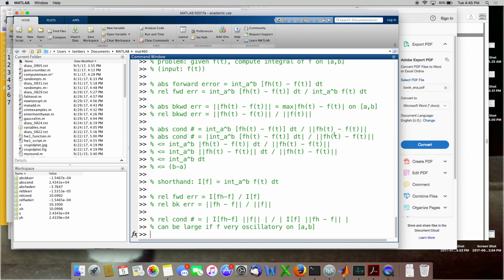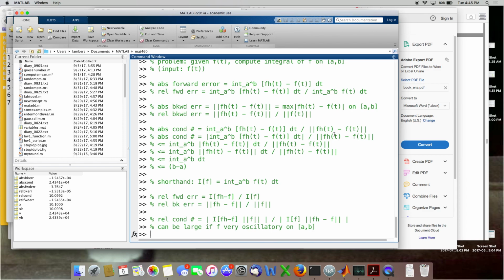Between them directly, no, but it's just a matter of, are you interested in analyzing absolute error or relative error? Whichever you're interested in determines which condition number you should use. Generally, relative error is the one of interest.